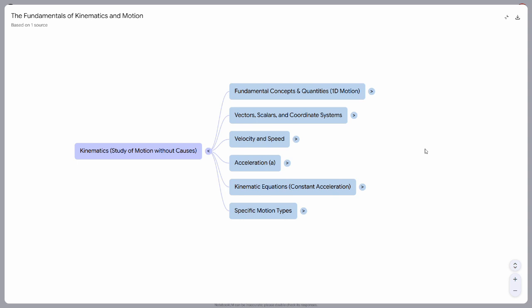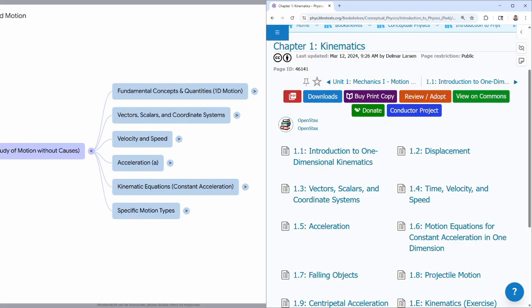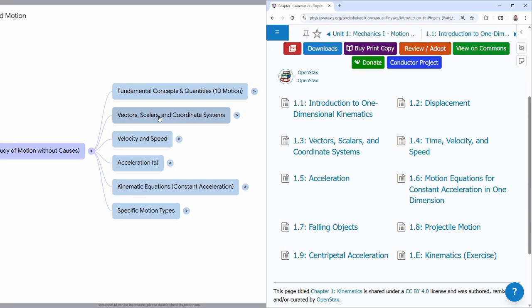Hi, this is the overview video for Chapter 1, Kinematics, Part 2. In Part 1, we looked at the terms and fundamental concepts, talking about position, velocity, and acceleration, distinguishing vectors and scalars.